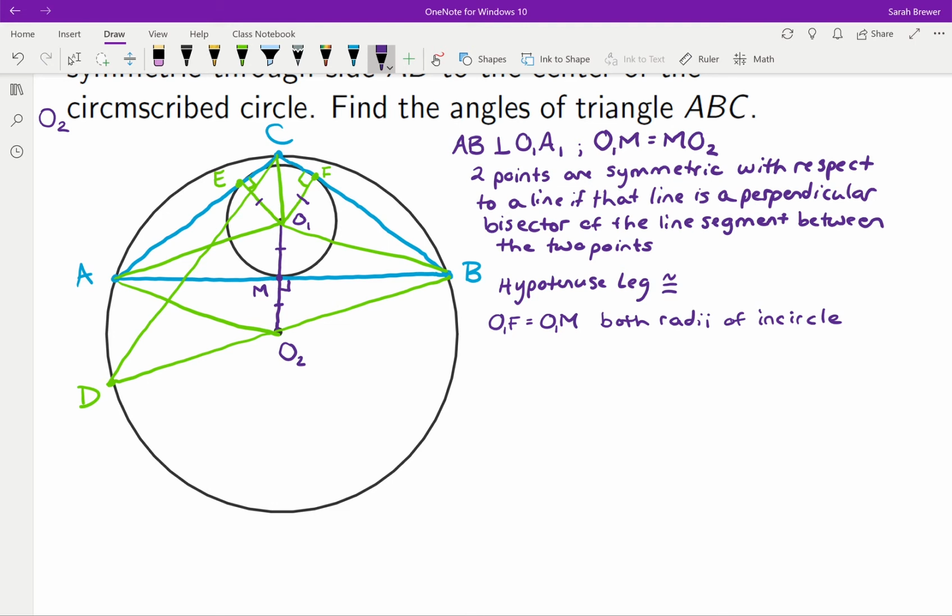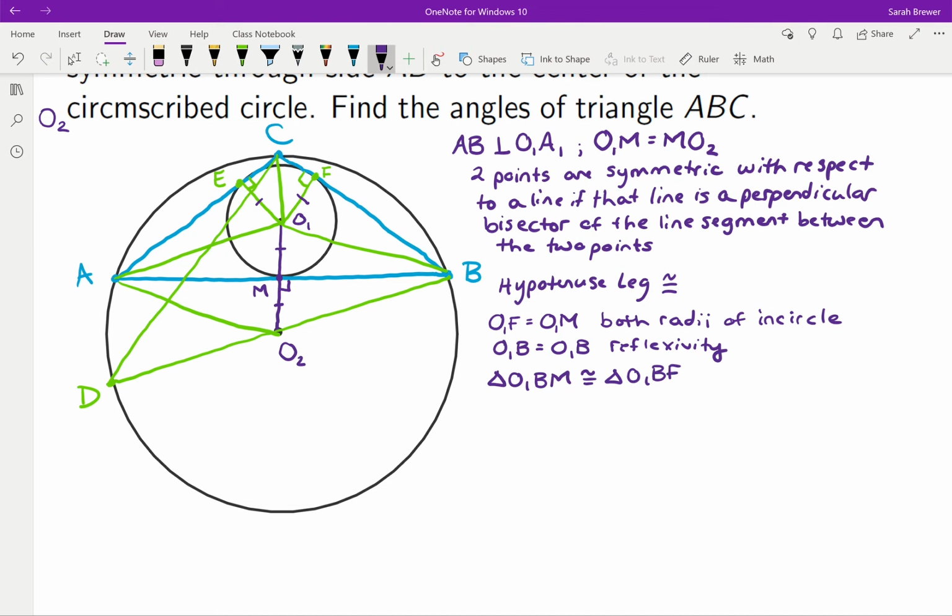And I know that O1B is equal to itself by reflexivity. And that is the hypotenuse of these two triangles. Let's see, I've got triangle O1BM and triangle O1BF.